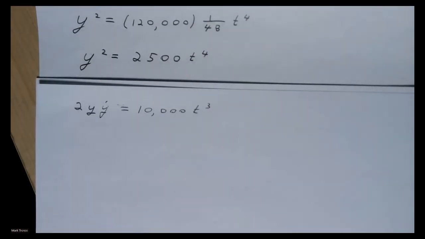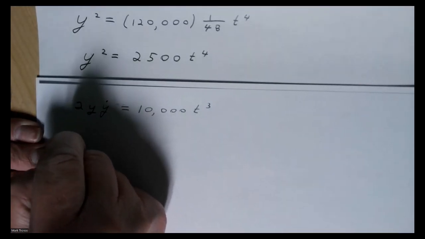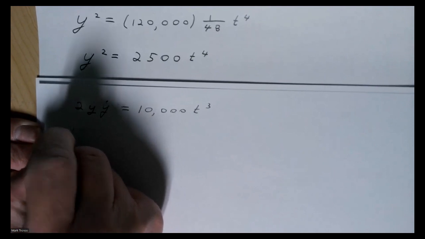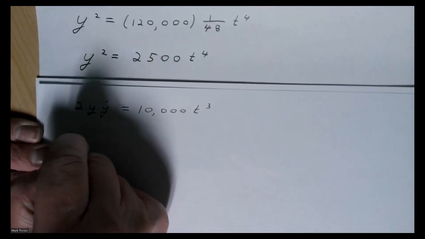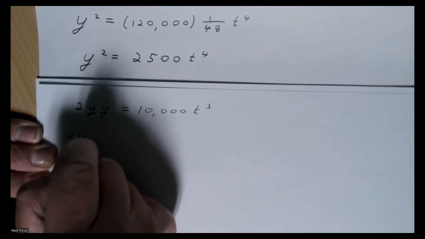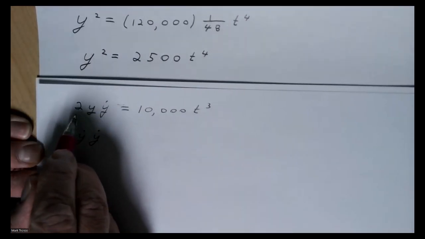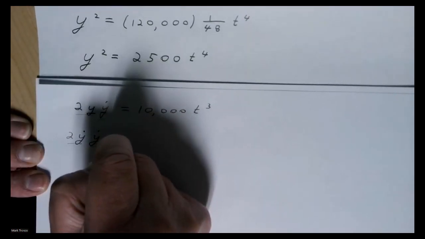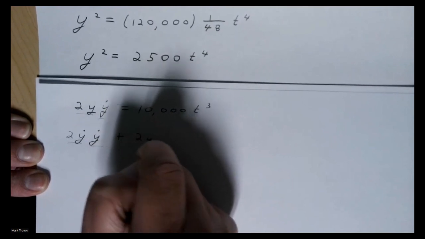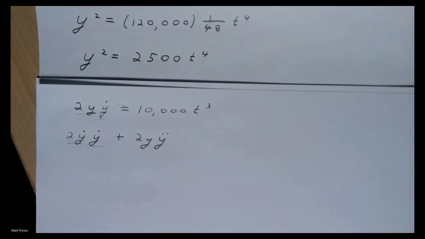So remember, we're also going to need y double dot. So let's take one more derivative. And so remember, over here we have a product. So derivative of the first times the second plus the first times the derivative of the second, like that.